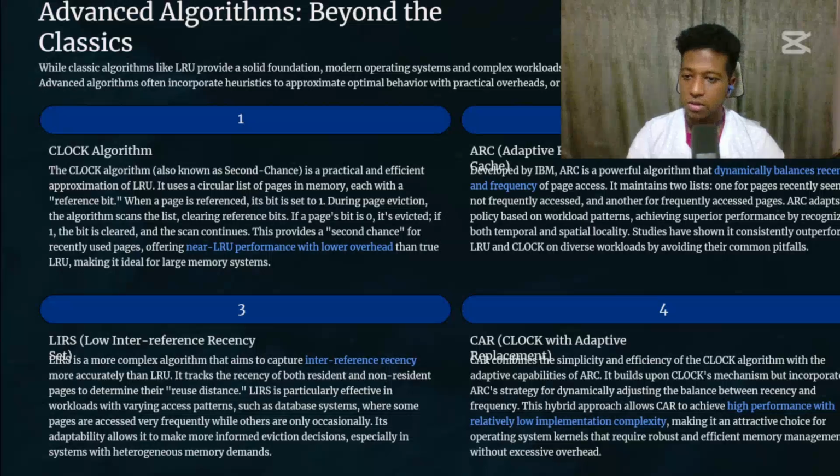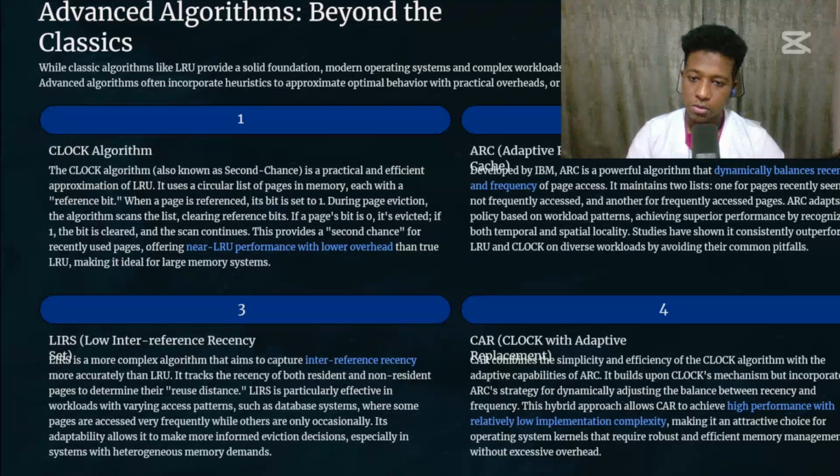And our third algorithm is LIRS, or Low Inter-reference Recency Set. It is a more complex algorithm that aims to capture inter-reference recency more accurately than LRU. It tracks the recency of both resident and non-resident pages to determine their reuse distance.